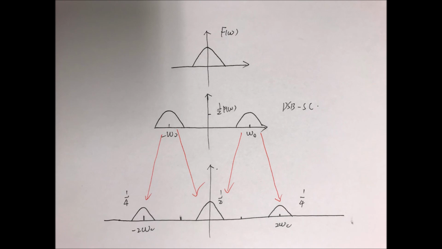If this is the original one, and this is double sideband suppressed carrier, now I shift this signal again with omega c.